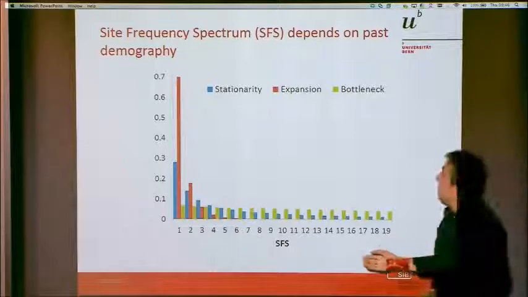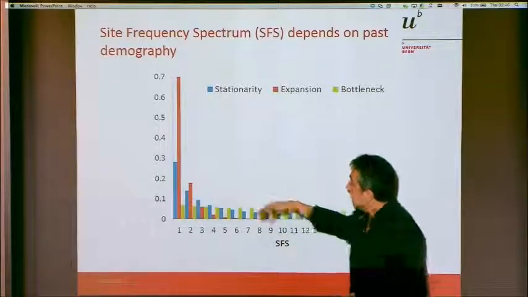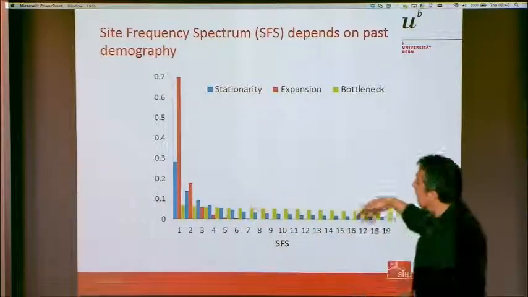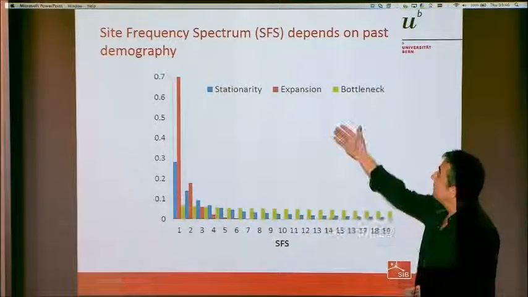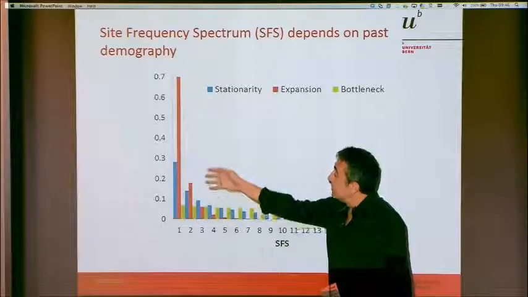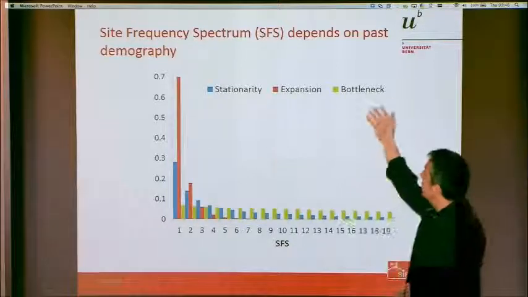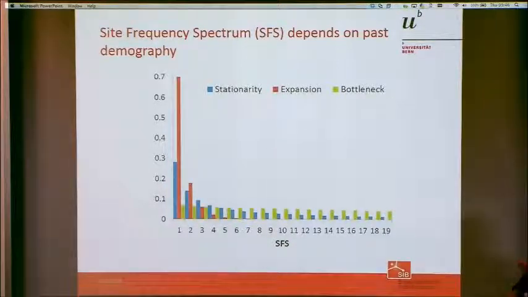So in stationary populations, you have this kind of nice exponential decay of the site frequency spectrum. And if you have expansions, you have a lot of sites that have very low frequencies. And if you have bottlenecks, you have a much more even distribution. So there is a lot of information you can actually get from the site frequency spectrum in single populations.